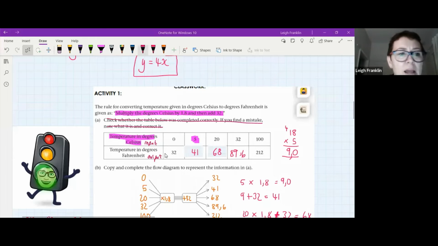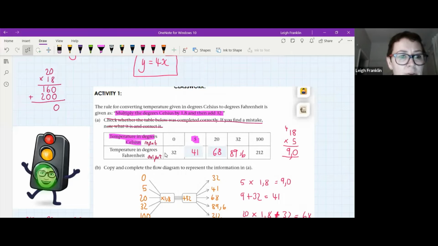So the first thing that we would have to do is take 20 and multiply it by 1.8. Okay, so we would say 8 times 0 is 0. 8 times 2 gives us 16. Then we have to put down a 0, don't we? 1 times 0 is 0. 1 times 2 is 2. Now we're going to add those two numbers together.